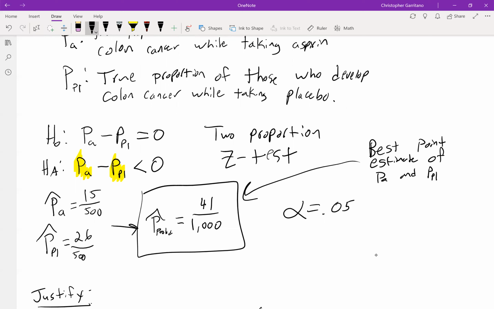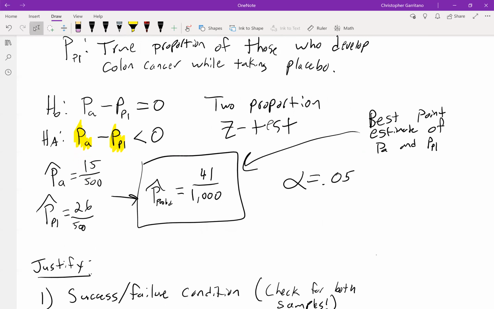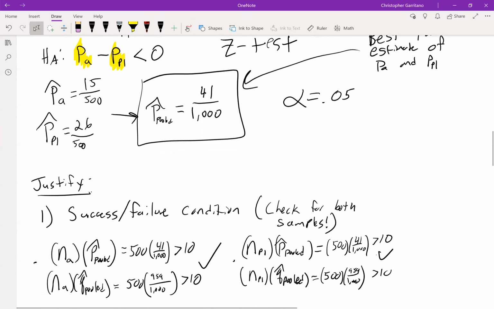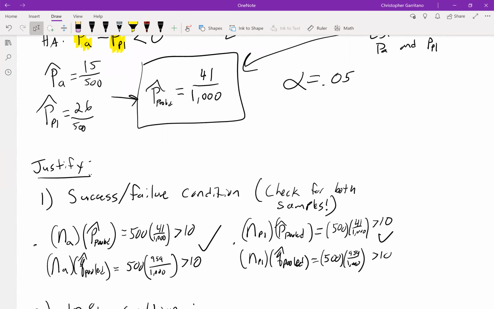So wherever the parameters come into play throughout this analysis, we're going to use P hat pooled because that's our best estimate, right? And it turns out that the parameter values come into play in a few different spots. First of all, they come into play in the success failure condition.